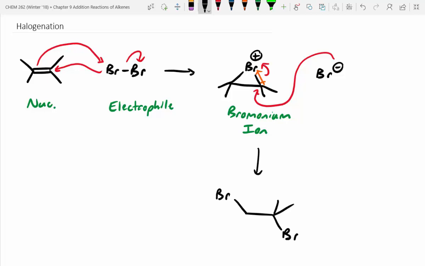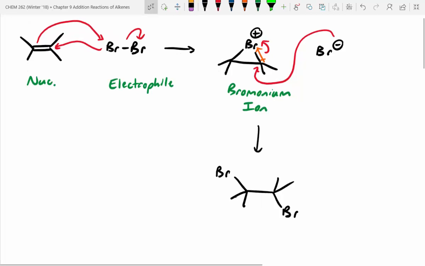You now have two bromines where there used to be a pi bond, and the bromines are going to be opposite of one another. This is referred to as anti-addition. All anti-addition means is that the two bromines were added to opposite faces of that original pi bond. So one is on top, one is on bottom.